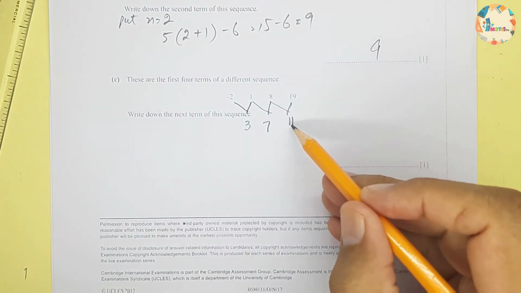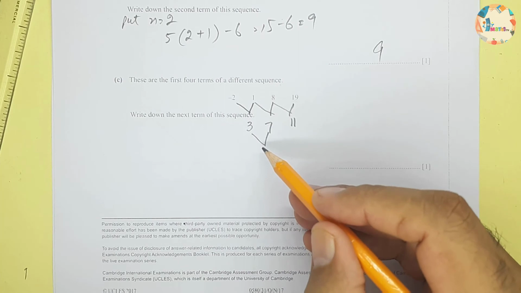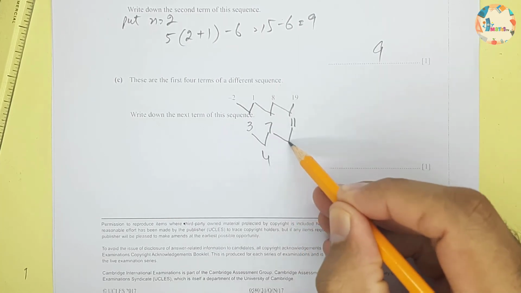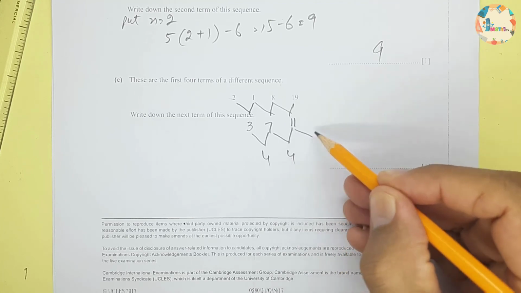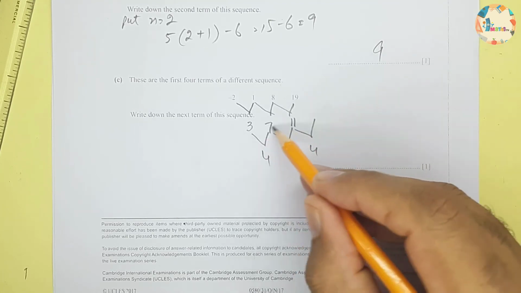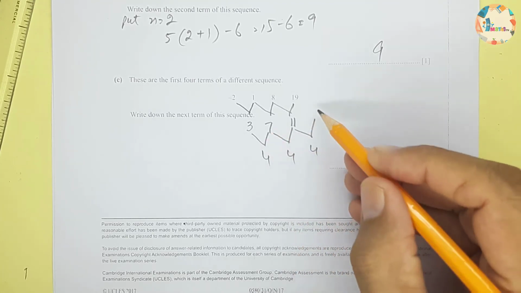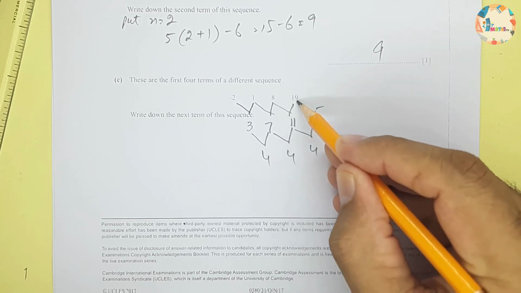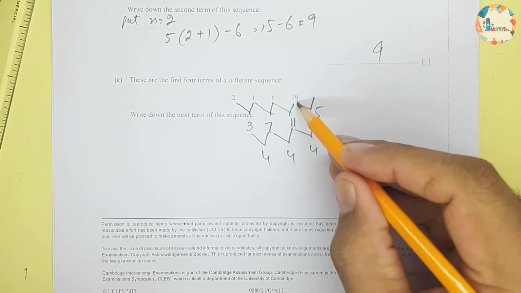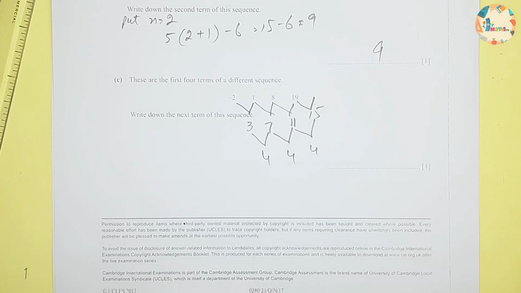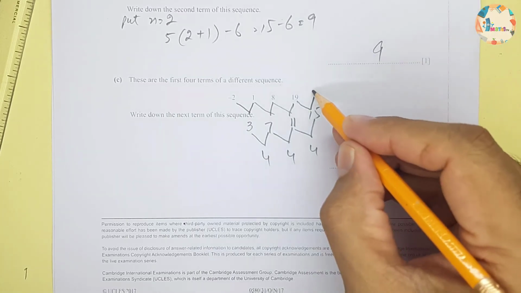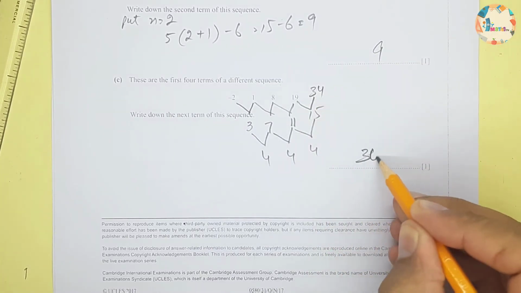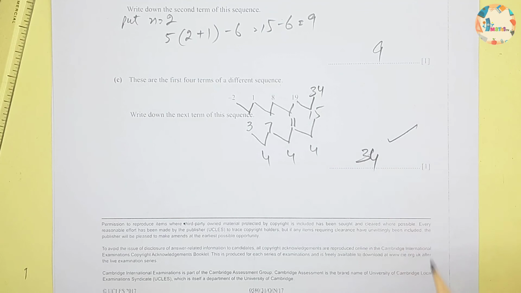This is basically second order difference. If we check, this is 4 and this is also 4. So second order difference is same. So if we have to write the next first order difference, it will be 11 plus 4, which is 15. Now we can go to the term, and it will be 19 plus 15, and 19 plus 15 will be equal to 34. So our answer will be 34.